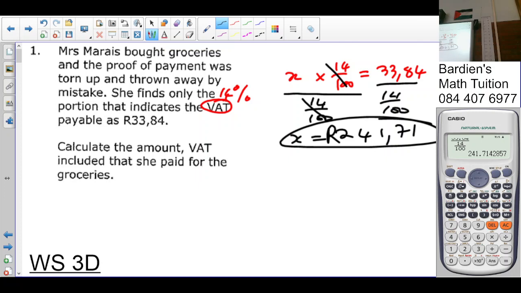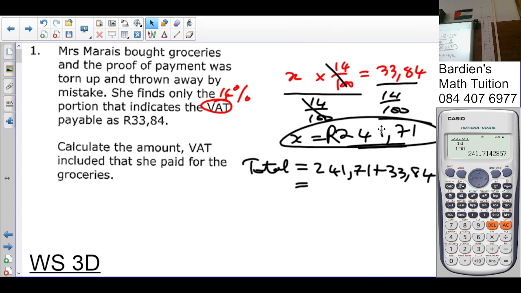So how do we do that? We add the total amount plus VAT, so it will be 241.71 plus 33 Rand and 84 cents. It will be 275 Rand and 51 cents.